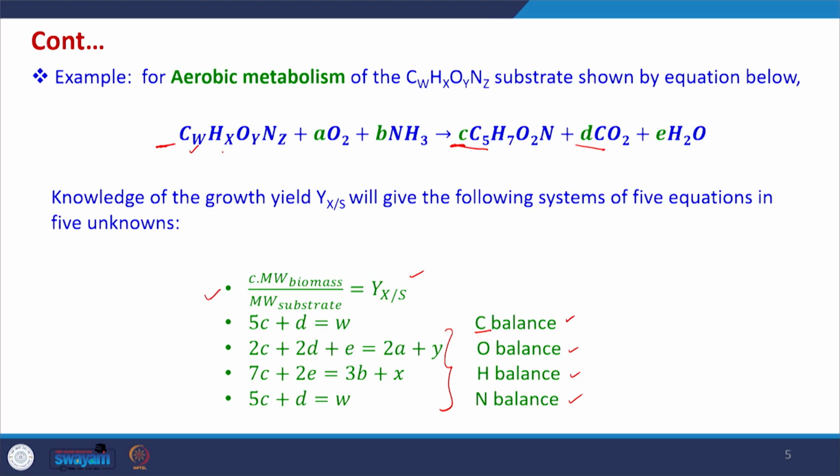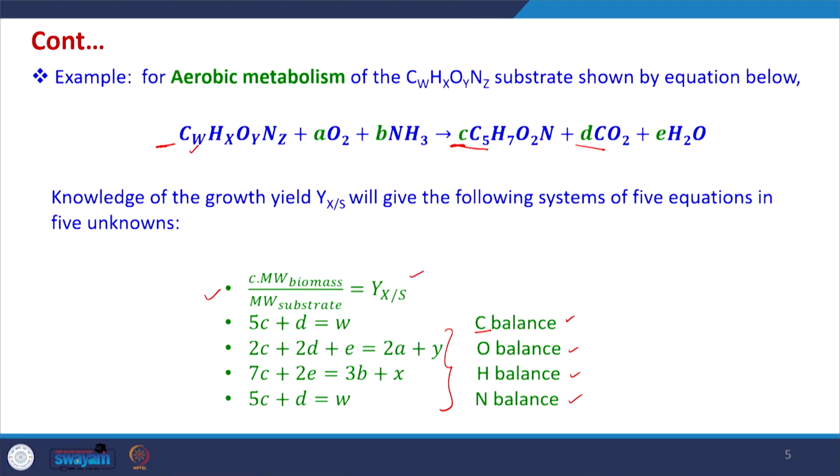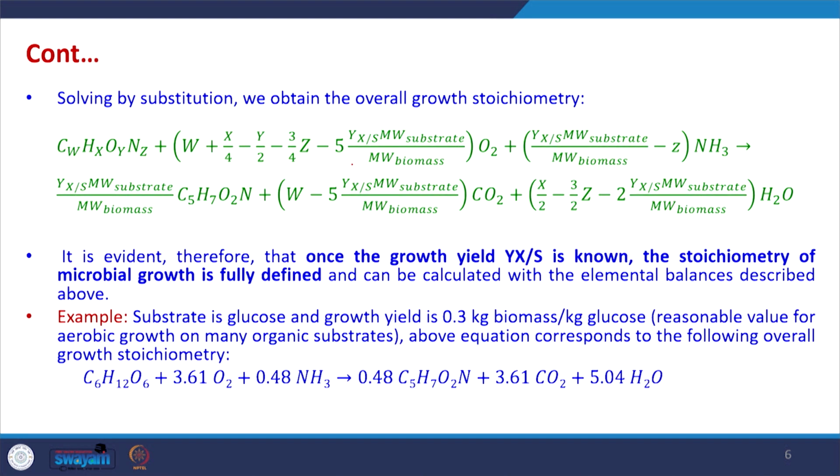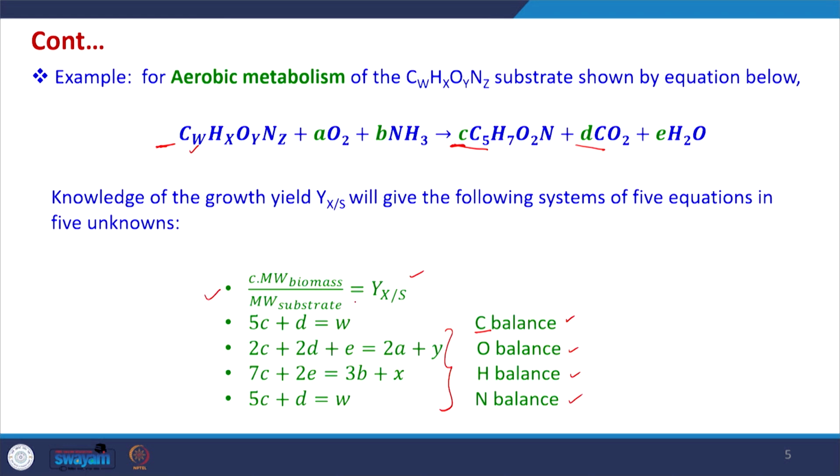Now, going further, we solve by substitution, and for substitution we write C in terms of Y_X/S. So, the C value is written as Y_X/S into molecular weight of substrate divided by molecular weight of biomass. So, C is equal to Y_X/S into molecular weight of substrate divided by molecular weight of biomass.